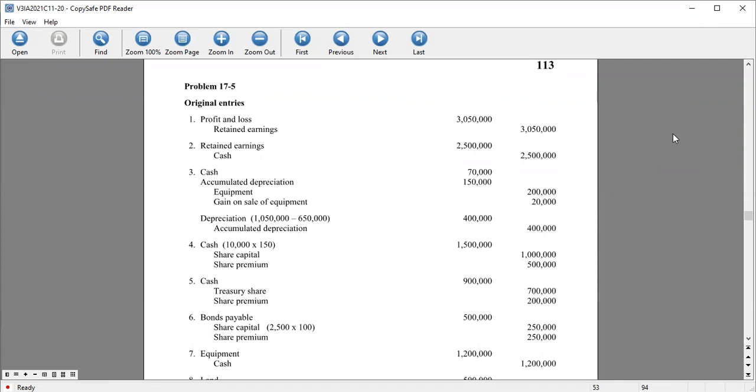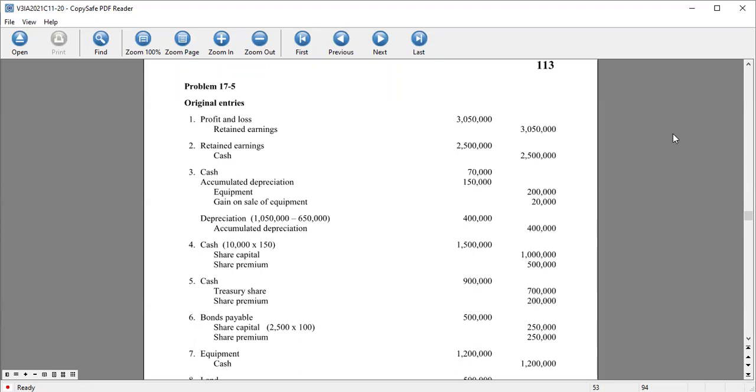Now take note that the equipment costs 200,000 and the carrying value is 50,000. So meaning there is a difference of 150,000. That's your accumulated depreciation. So you debit accumulated depreciation 150,000, credit the cost of the equipment, and credit gain on sale. So that 20,000 is the difference between the selling price of the equipment and its book value or carrying value.